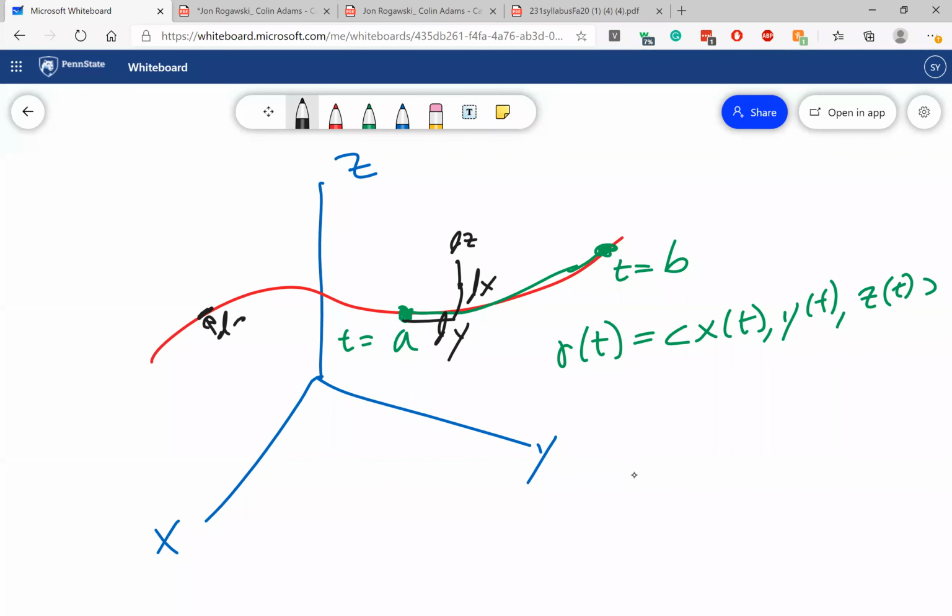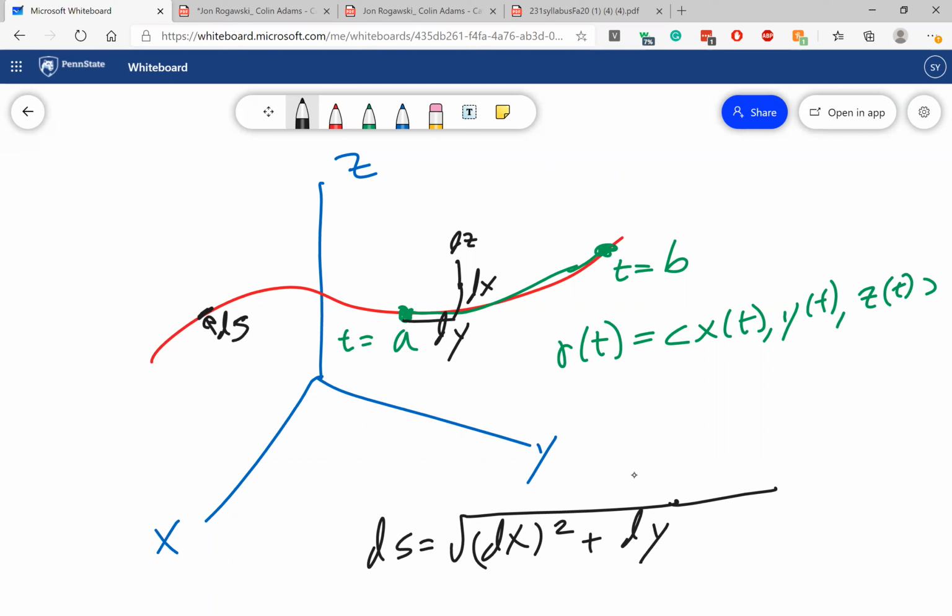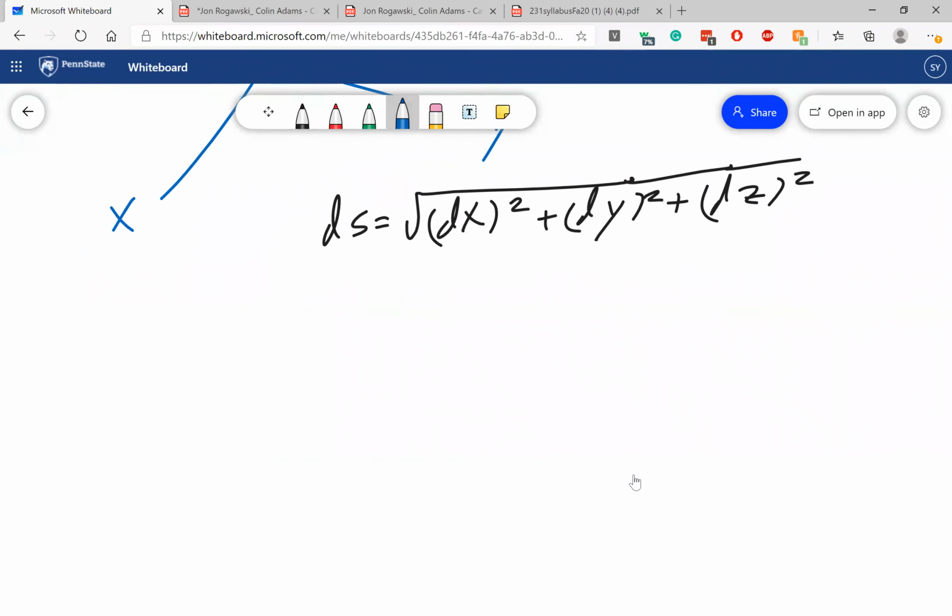Well, your ds is going to be equal to the square root of dx squared, the amount that we're changing in the x direction, plus dy squared plus dz squared. So this is our arc length, adding up all the small changes ds from a to b.